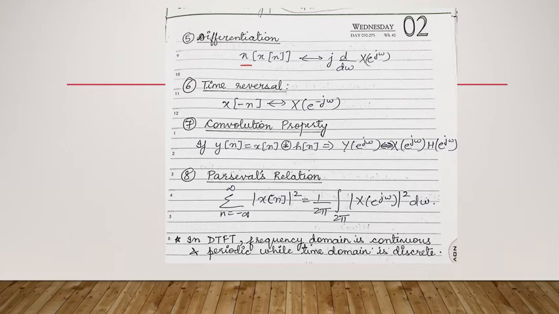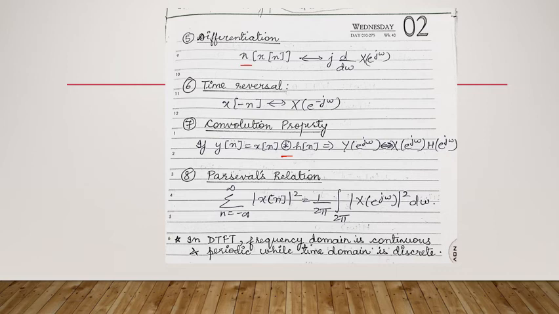The seventh property is the convolution property. What does it say? If I have a signal y(n) equal to x(n) convolution h(n), just note this symbol is the symbol for convolution. We are taking convolution of two signals in the time domain. Now let us see what happens to the DTFT. Y(e^jω) is the DTFT for y(n).